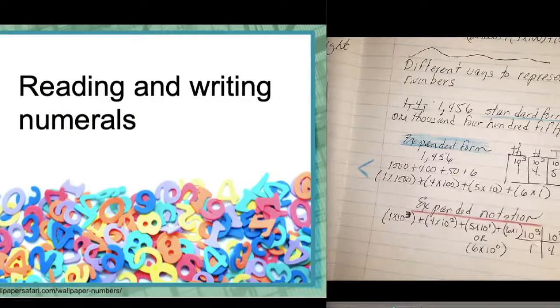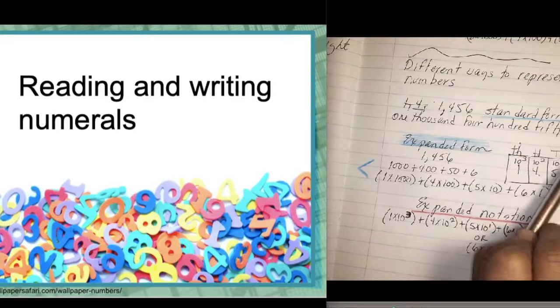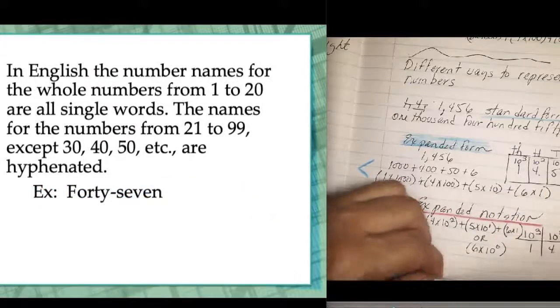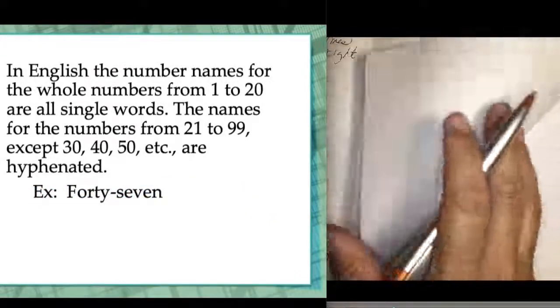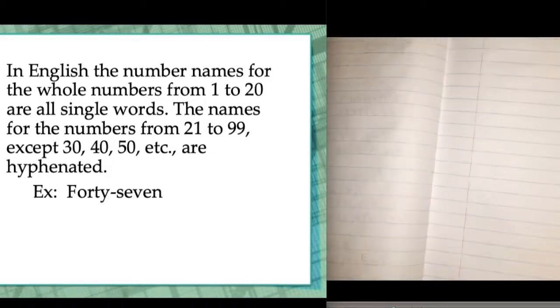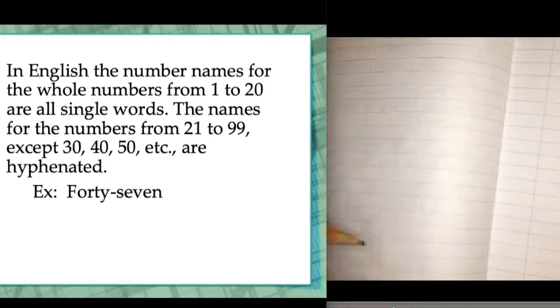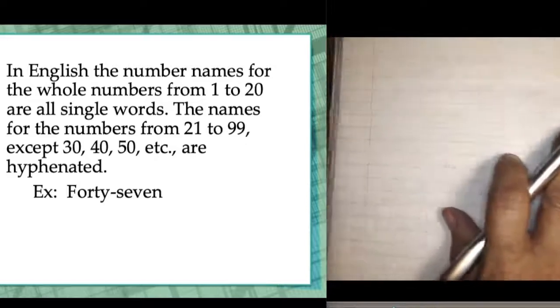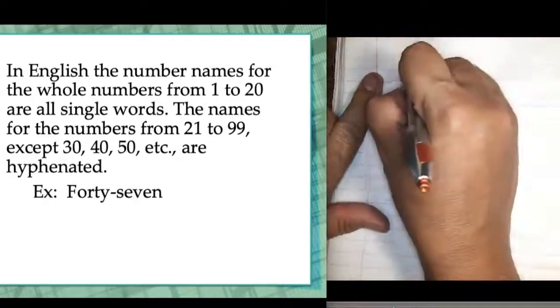Okay, so let's write down the rules right here for reading and writing numerals. So it's important to note that the numbers 21 through 99 must be spelled out. So let's write that as a note.